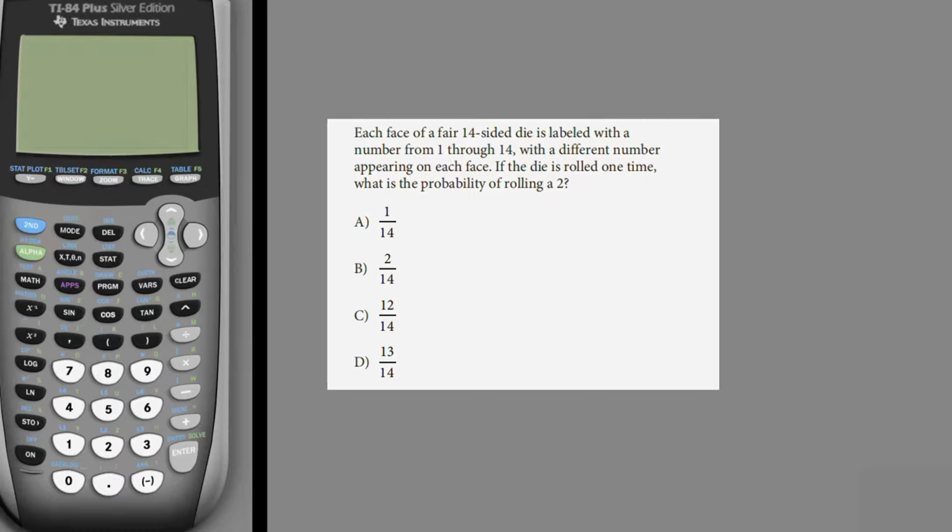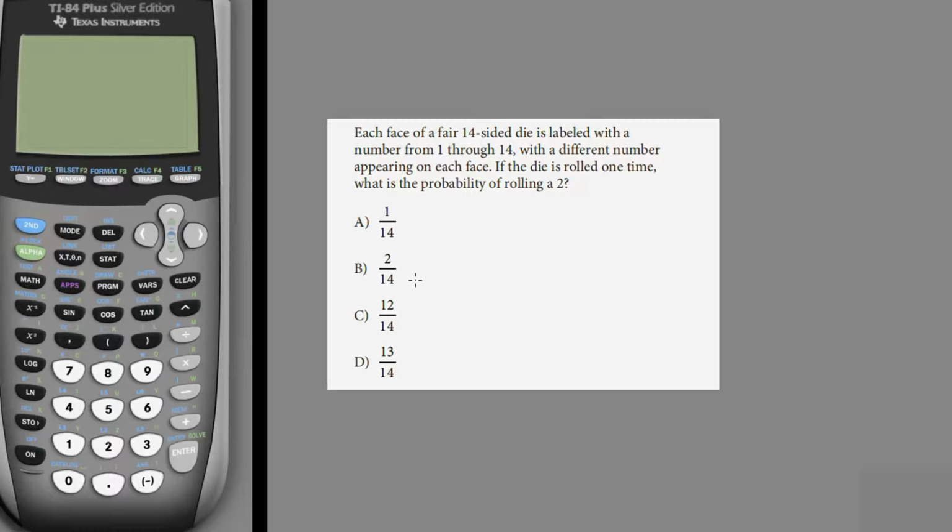So guys, the question is straightforward. You don't need the calculator to solve this. Just a basic understanding of probability and how a die works, and you will be able to attempt this question. So, looking at this question without even thinking much, the right answer will be option A, which is 1 over 14.